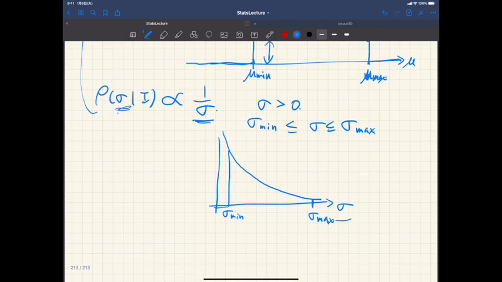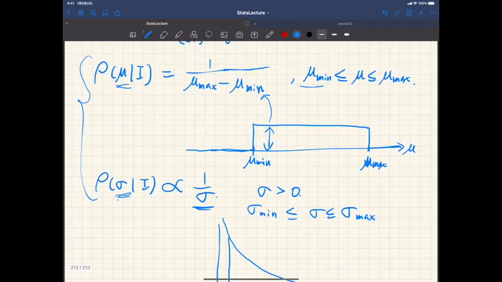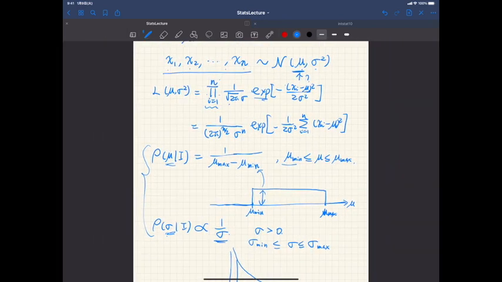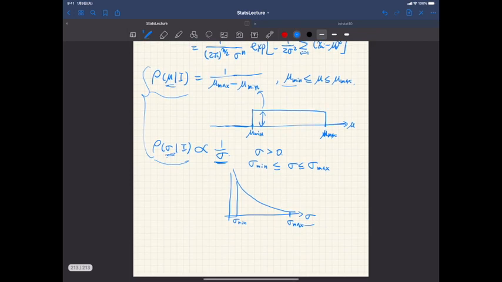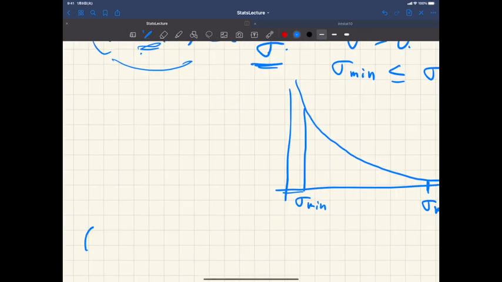Okay, then apply Bayes' theorem. So basically we have this likelihood times this prior times this prior is equal to the density, or the posterior density of mu and sigma given the data.